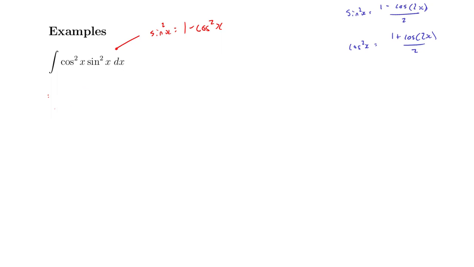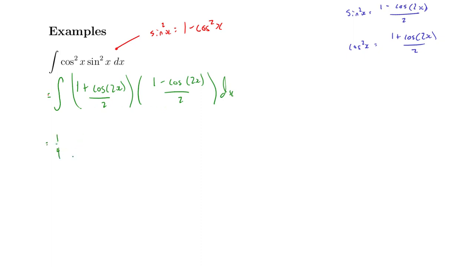So suddenly, this integral, without doing u substitution yet, turns into 1 plus cosine 2x over 2 times 1 minus cosine 2x over 2. I'm going to factor out a half from this term and a half from this term.